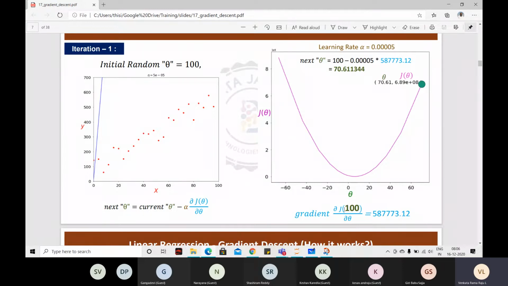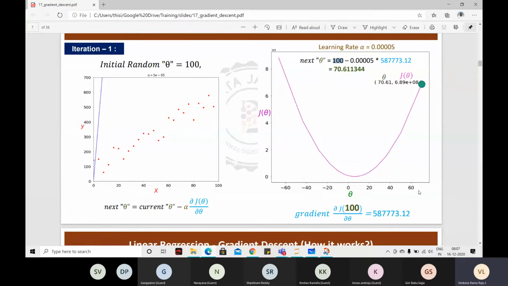The slope of the tangent is, I did some derivatives and all that here. Don't be worried about those derivatives, right? At 100, the slope of the tangent was 5,87,773. Okay, I took that slope and reduced it from 100, right?